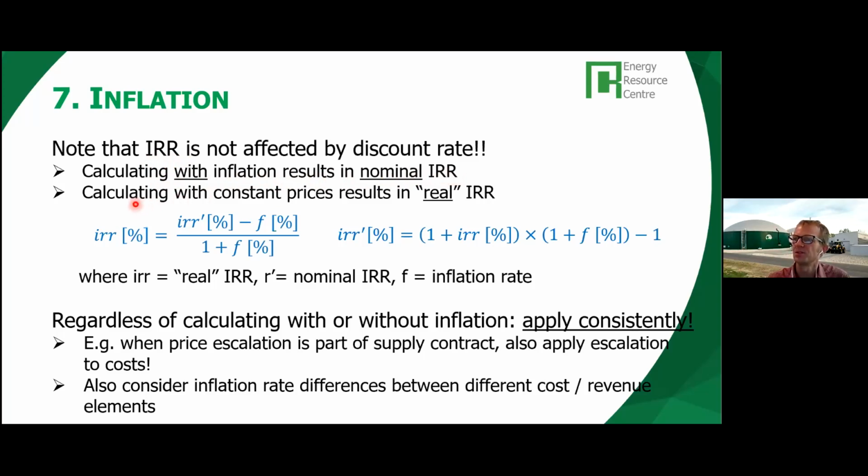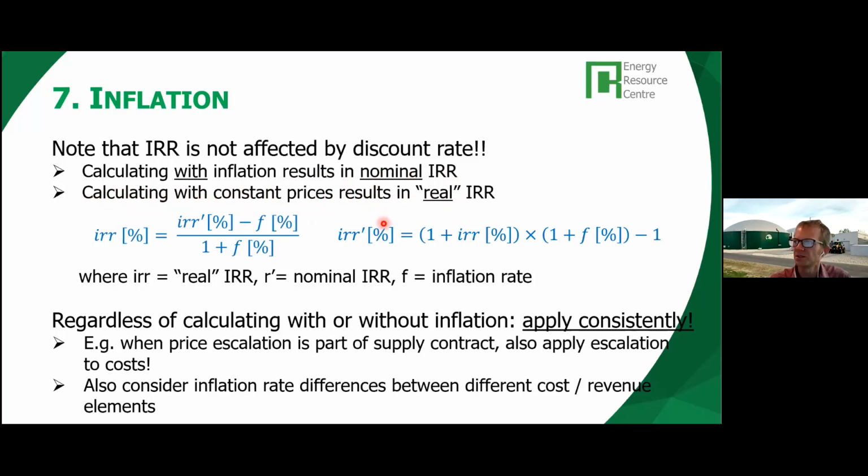At the same time, if you factor out the effect of inflation, so you calculate with constant prices, then the IRR that you calculate is the so-called real internal rate of return.